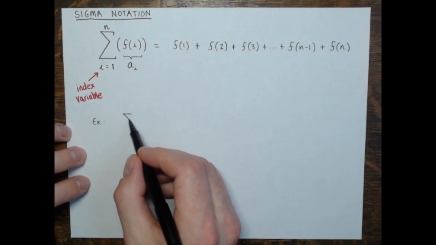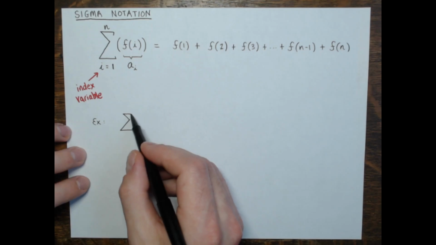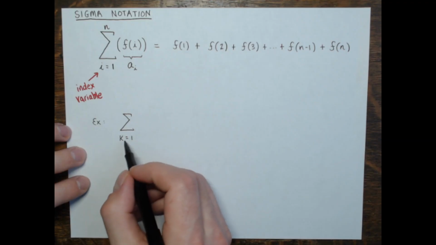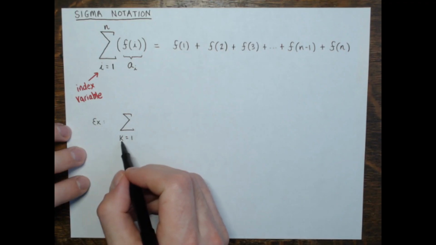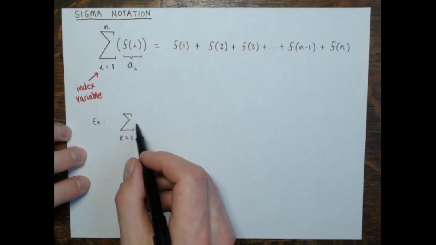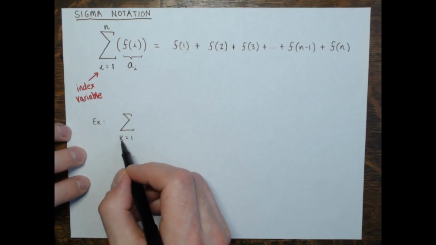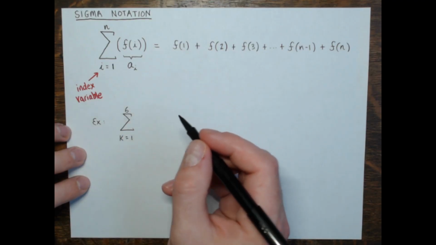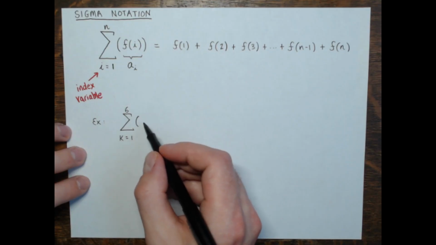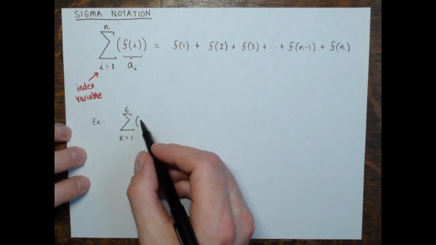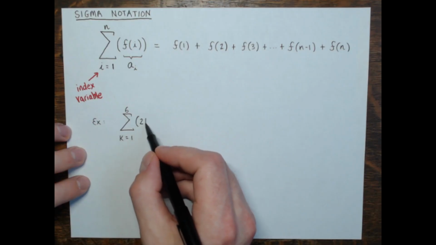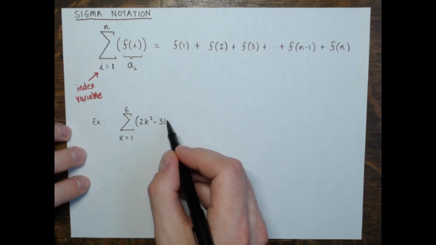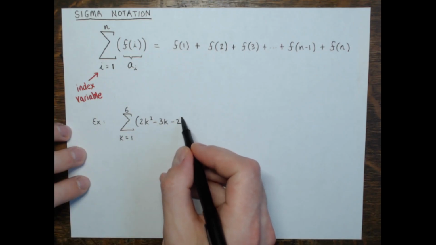But we're asked to find the following. You got the sum from k equals 1. So now the index variable, the variable the expression depends upon, is this k variable. And then the upper value here is 6. And the expression we're plugging into is 2k squared minus 3k minus 2.